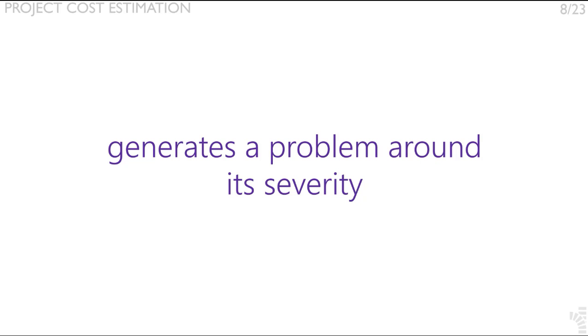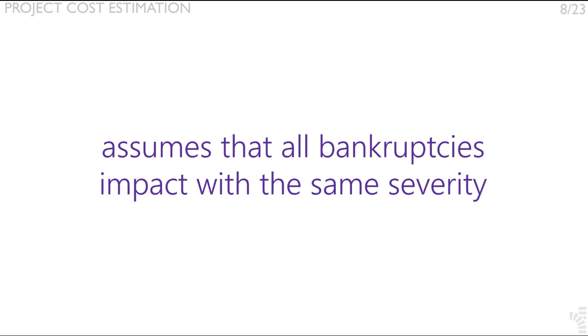If at any iteration you generate a scenario where 2 or more bankruptcies are occurring, and this event happens on approximately 9% of the iterations generated, this simple multiplication is assuming that by its PERT severity function, all of those bankruptcies impact with the same severity.